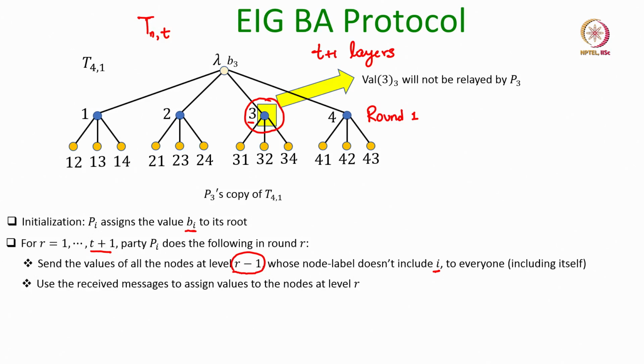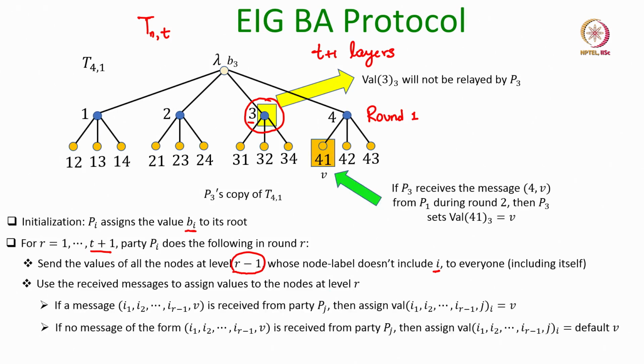3 appearing in it. Now, based on the messages which the parties receive during round r, they assign values to the nodes at level r in their respective copies of the EIG tree. This is done as follows.